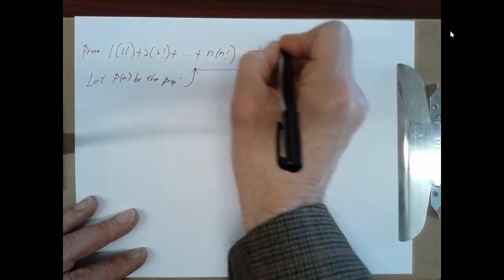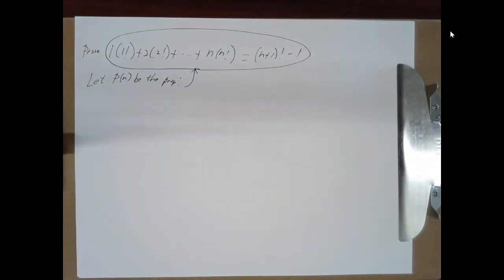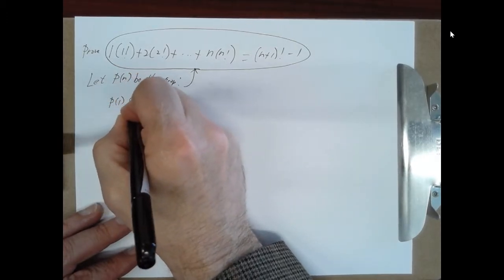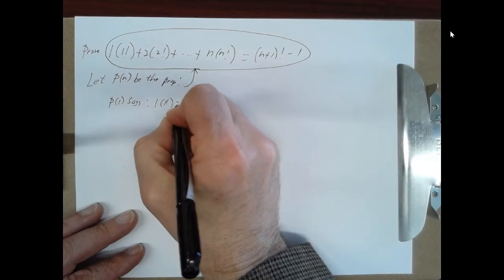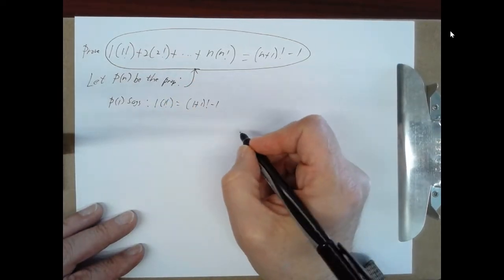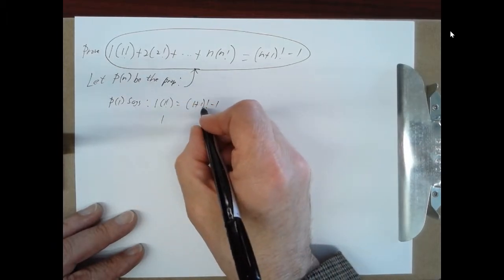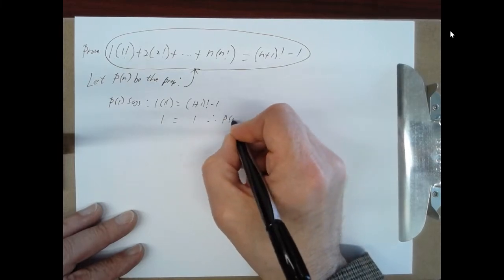I'll let you do this too. How's that? So I don't have to rewrite it. So that's the proposition P of n. Plug in an n, we get a value. So P of 1 says 1 times 1 factorial equals 1 plus 1 factorial minus 1. 1 plus 1 factorial is 1, and 2 factorial minus 1 is 1. So P of 1 is true.